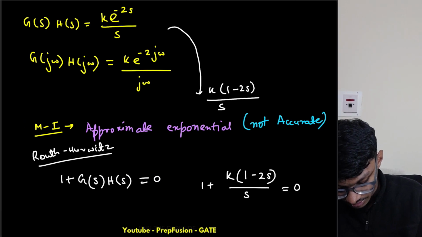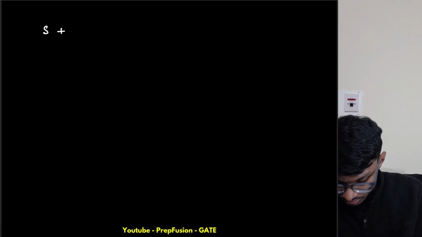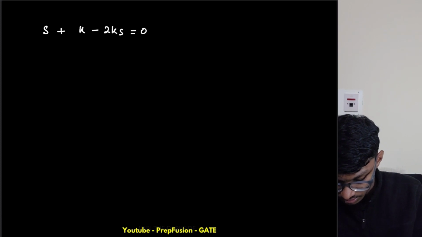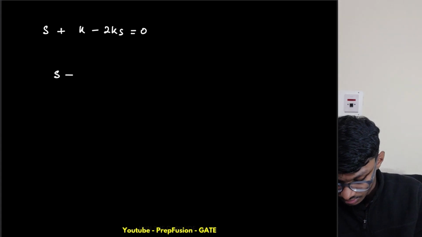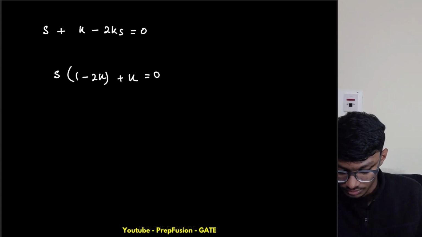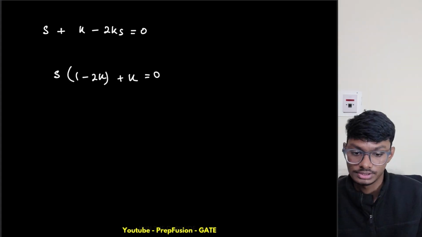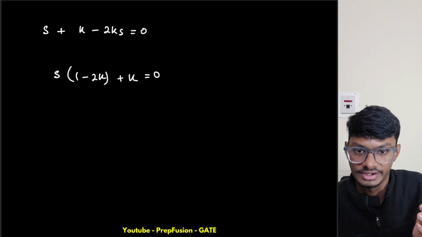So just use the characteristic equation. This becomes s plus k minus 2ks equals to 0, so s times (1 minus 2k) plus k equals to 0. So what are the ranges of k? Obviously we just need to use the first Hurwitz criterion.